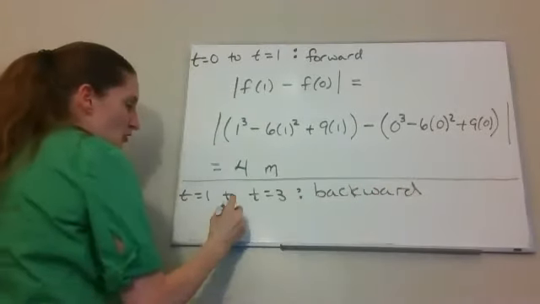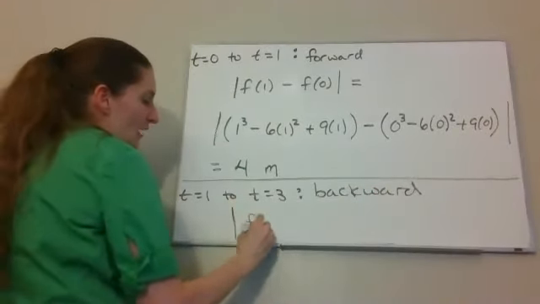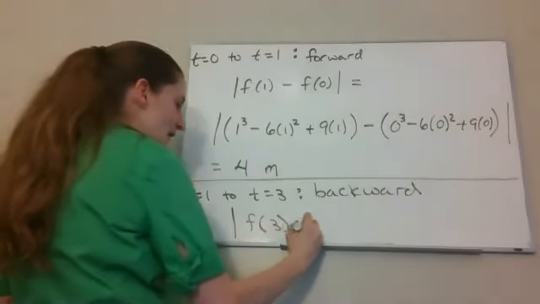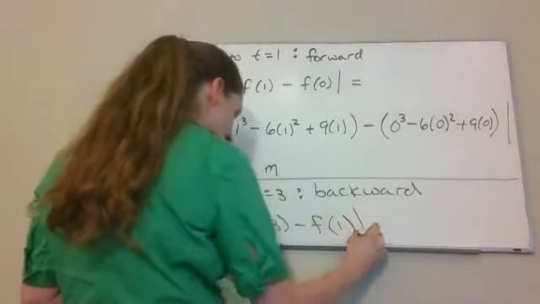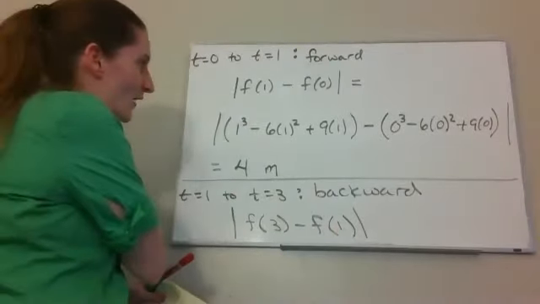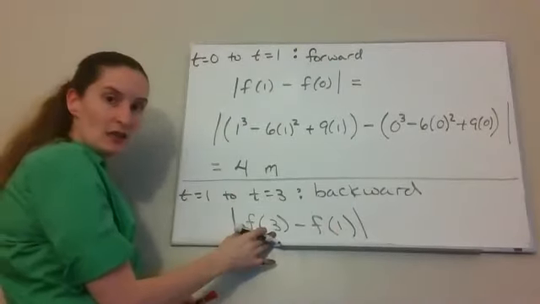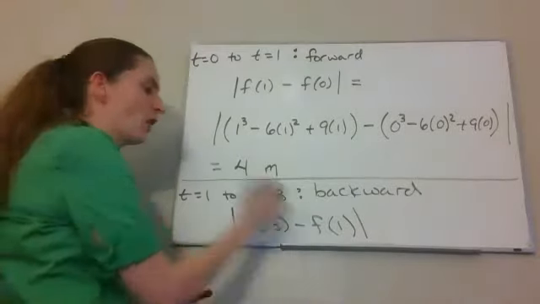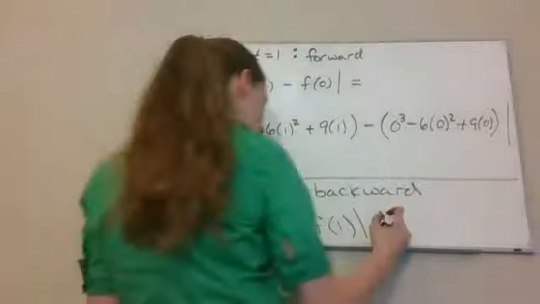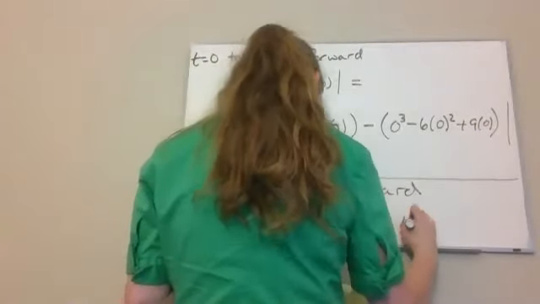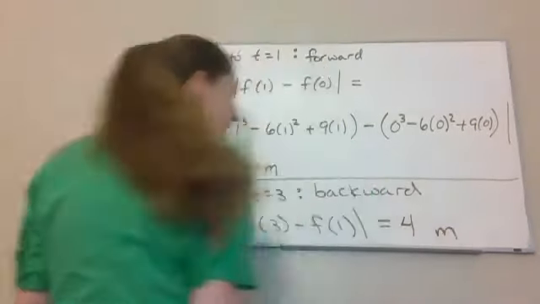And we're moving a total distance of the absolute value of f of 3 minus f of 1. And again, you would get those values by plugging 3 into the original function and 1 into the original function and subtracting the 2. When you do that, you will also get 4 meters.